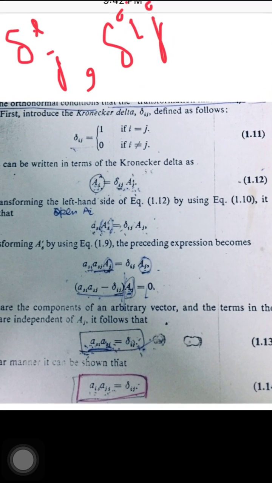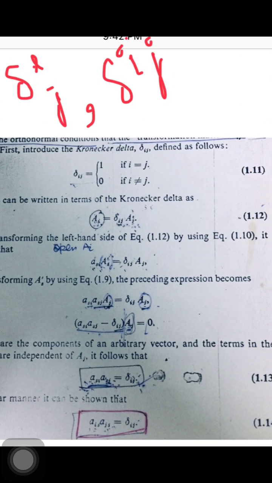This equation becomes this one, where the components a_si and a_sj are of an arbitrary vector, and the terms in the bracket are independent from a_j. Independent from a_j means a_j can't be 0, so the remaining should be 0.